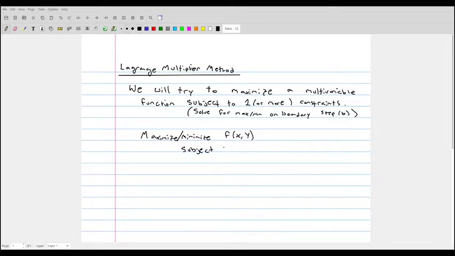subject to a constraint. Specifically, we'll say the constraint is going to take the form of a level curve. It'll say that we have some multivariable function g of x y equal to c as our constraint.